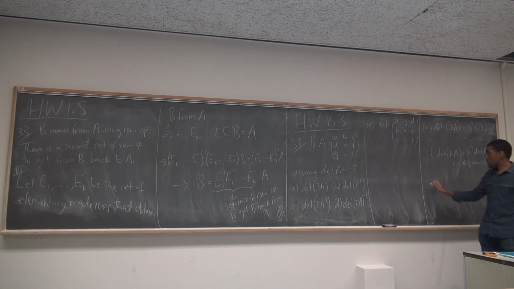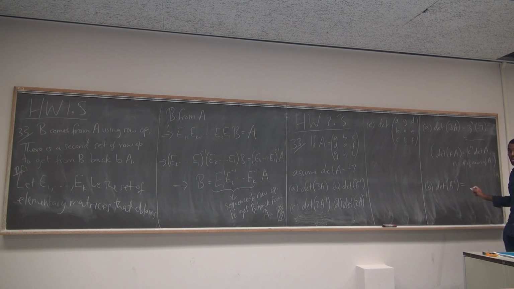Determinant of A inverse. It's 1 over the determinant of A, that was another theorem, so that's just -1/7.